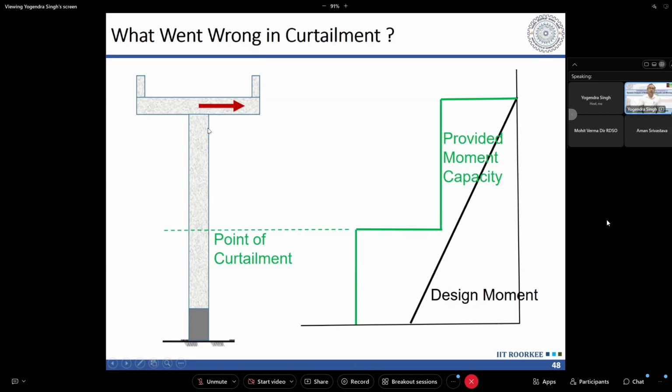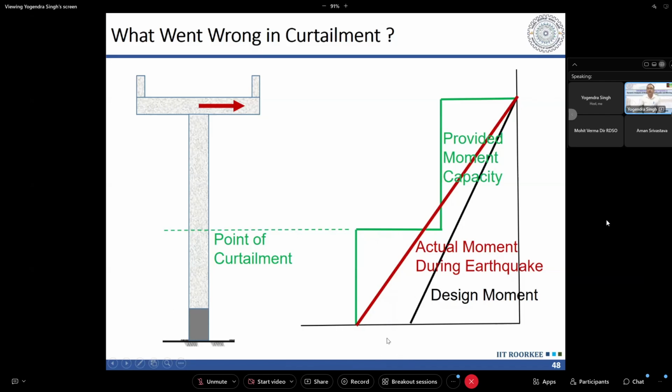Now, during an earthquake, what can be the maximum value of this force? It will not be the one we used in our analysis. It will rather be the one corresponding to the moment capacity here. The actual moment capacity is higher than this, so the bending moment diagram will change and will be like this. This force is going to increase till the moment here exceeds its capacity and it starts yielding.